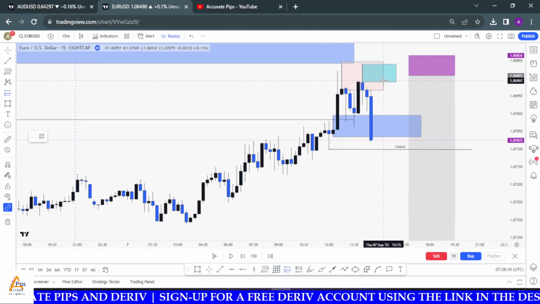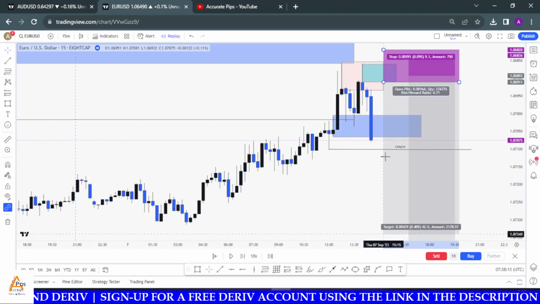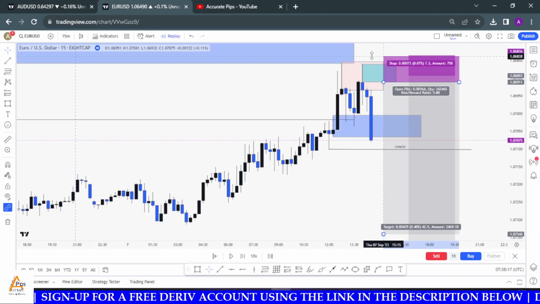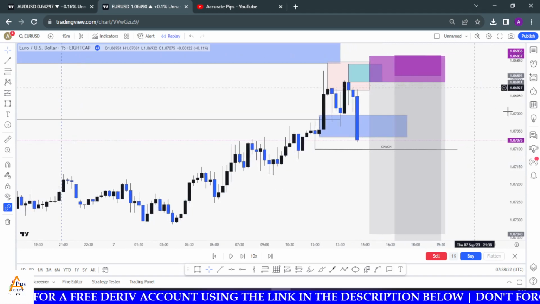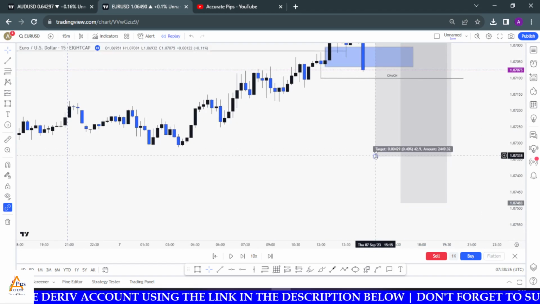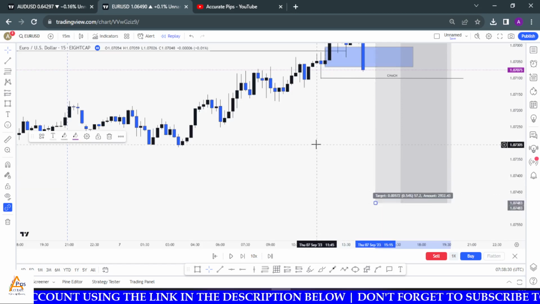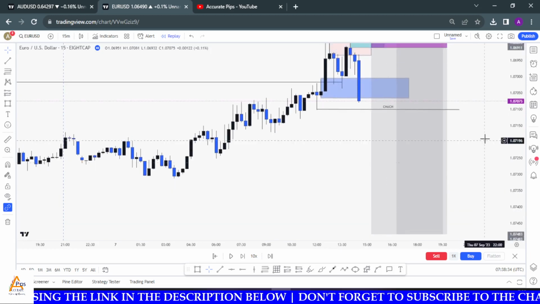Okay, this will be our second entry, and the target is the same. Okay, not the chalk. This one we are not targeting the chalk. We can maybe run that whole distance, but this is our target. We will take partials somewhere here, on that particular one.